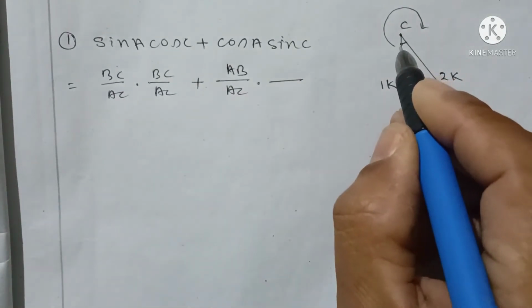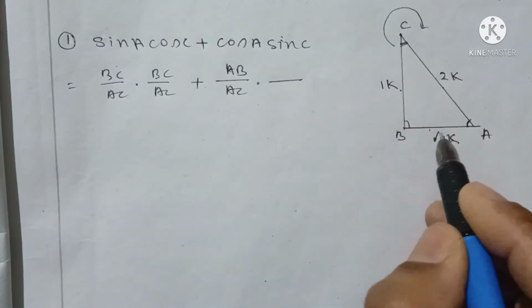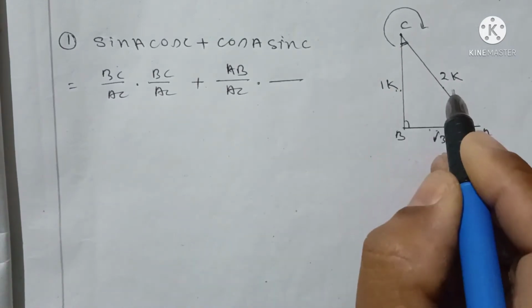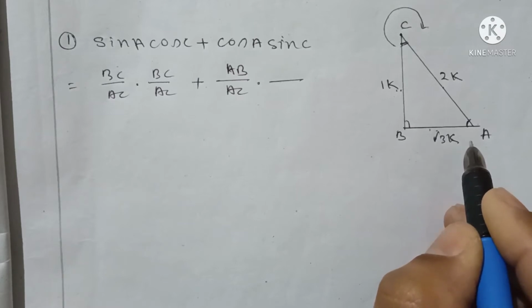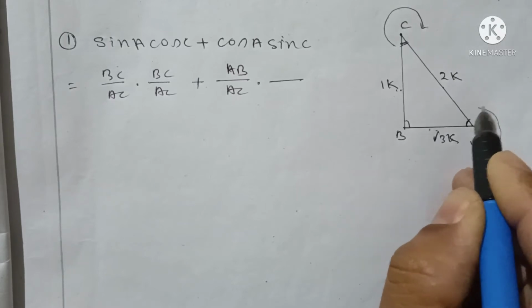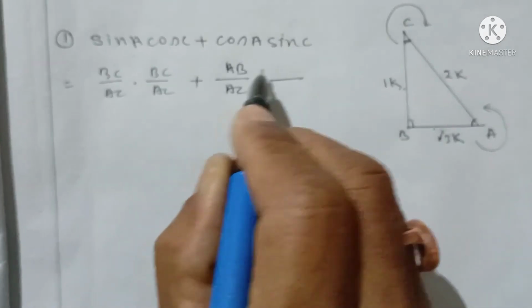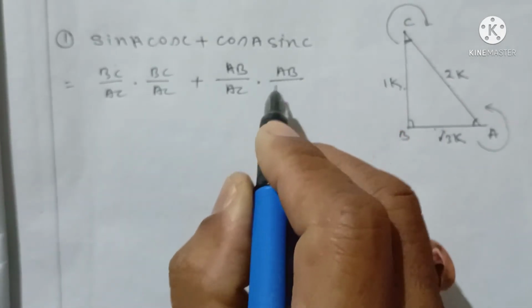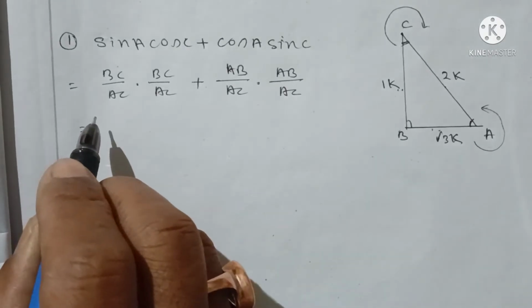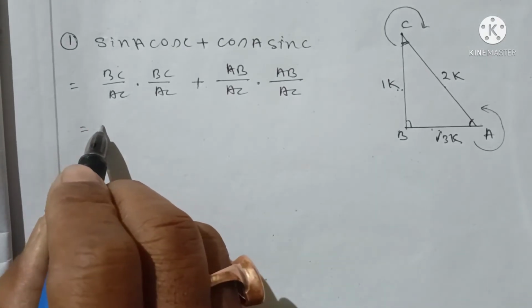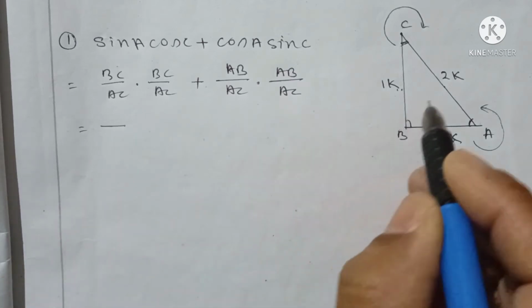Sin C. Sin C means what? This is acute angle C. Then this is perpendicular, this is base, this is hypotenuse. Then sin C means perpendicular by hypotenuse. Perpendicular is AB, hypotenuse is AC. Now put the values. BC is how much here?